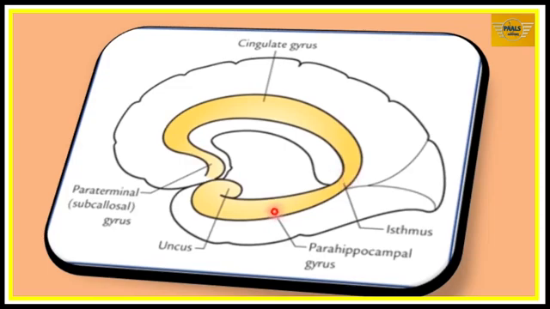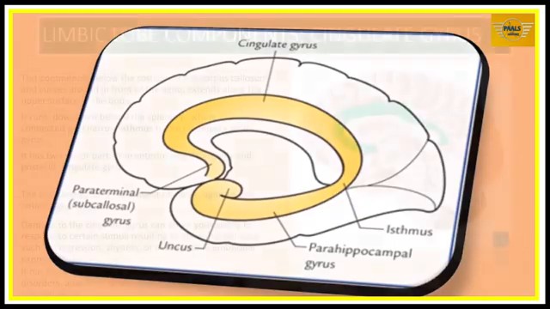Now, anteriorly, we see this hook-like part of the cerebral cortex. We call this part the uncus. So, the uncus, the parahippocampal gyrus, the isthmus, and the cingulate gyrus make up the limbic lobe. These cortical areas are connected by the cingulum, which is one of the bundles of the limbic system.